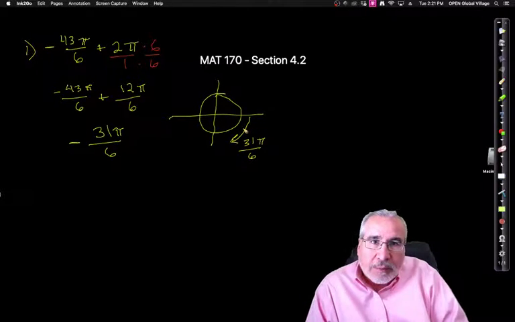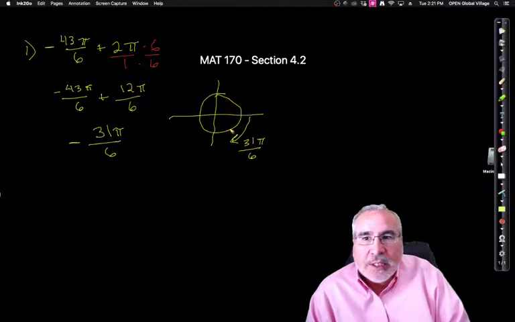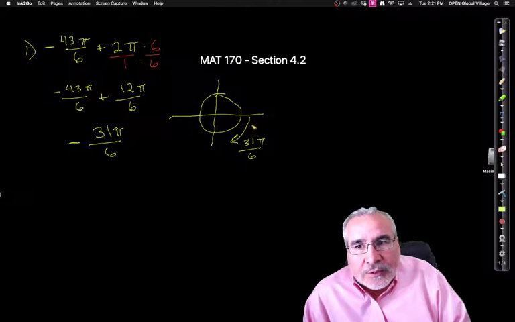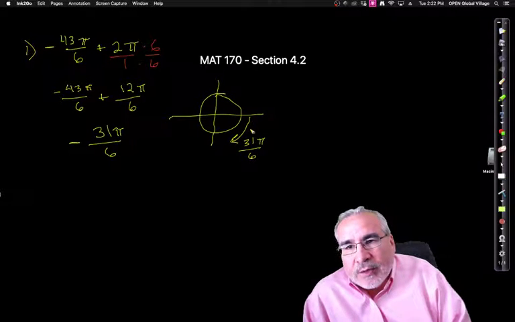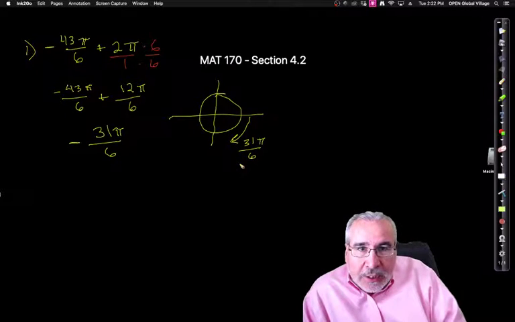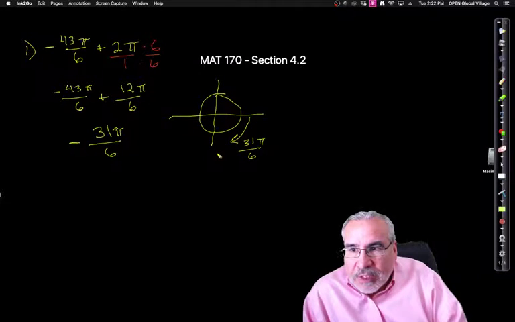For an engineering problem, that becomes important because maybe you're winding up a spring and building up some resistance. But otherwise, we think, I went in a circle, I'm at the beginning. Every 2 pi, I'm back to the beginning. So we're going to represent this in terms of a negative radian measure that's less than 2 pi.